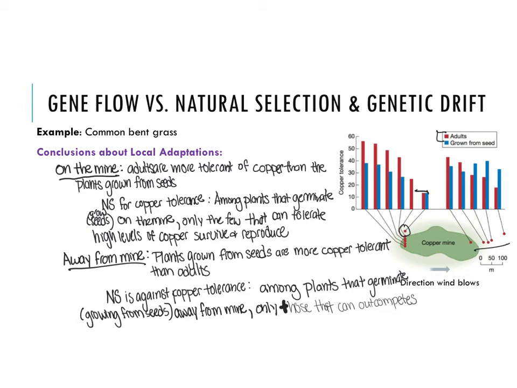So only those that can outcompete others for resources can survive and reproduce, right? Just the normal definition of fitness here, each generation.